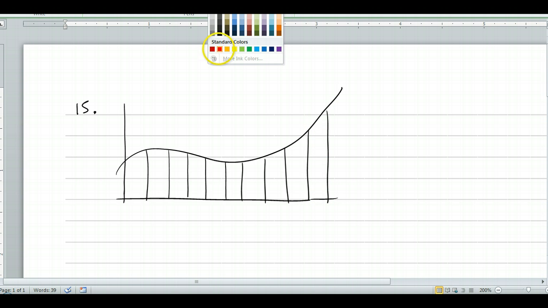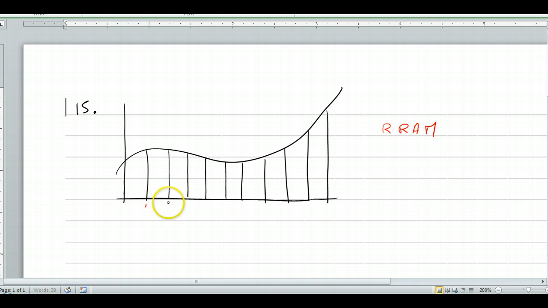Now, what do they want? They want the Riemann sum. They want the right Riemann sum, okay? A rectangle approximation method.